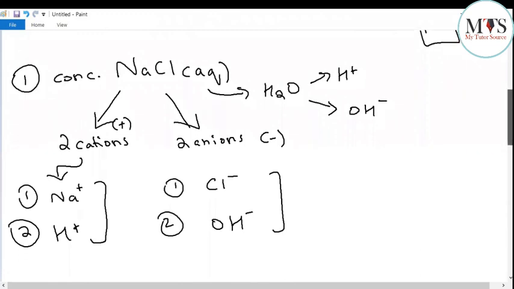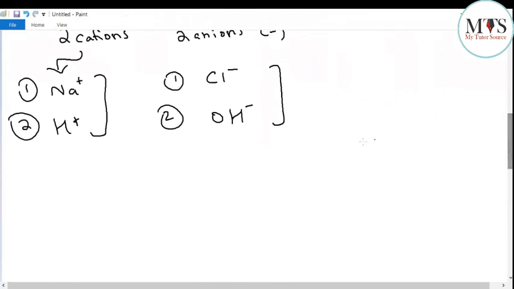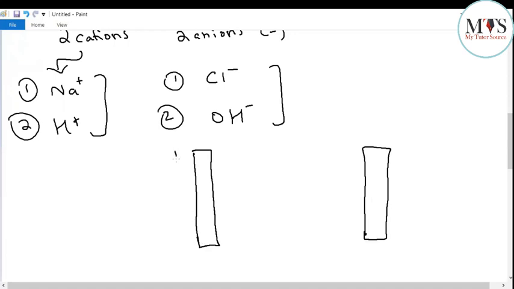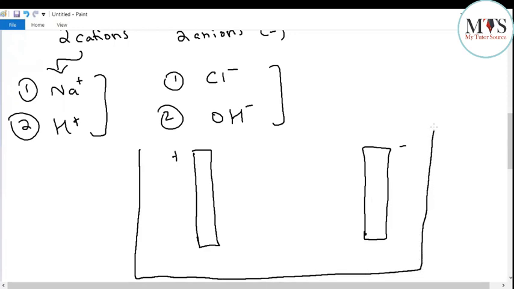So I was saying that, first of all, let's just draw it over here. This is our anode and this is our cathode in this electrolysis chamber. The electrolyte over here is the concentrated aqueous sodium chloride.